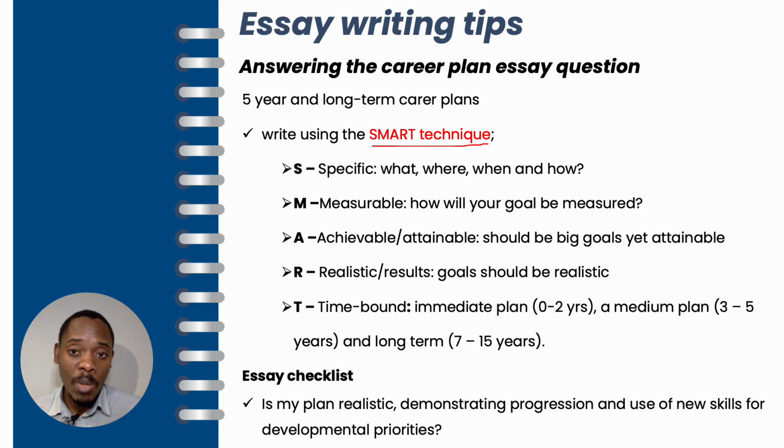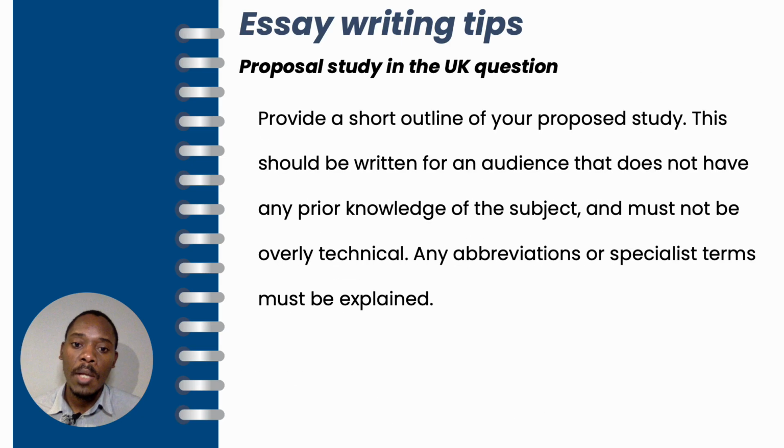Prioritizing development. Remember, it's not about you, it's about how you're going to contribute to development. So even your career plan should be able to demonstrate contribution to development within 5 years and in a long-term plan. Once that is done, you would have answered this essay clearly, and that's it for this essay.